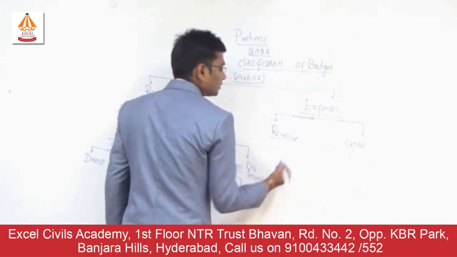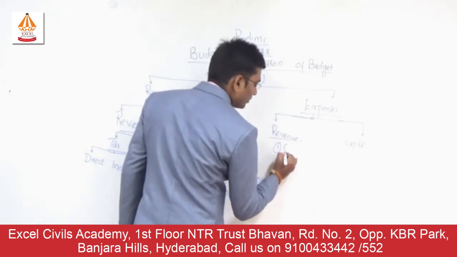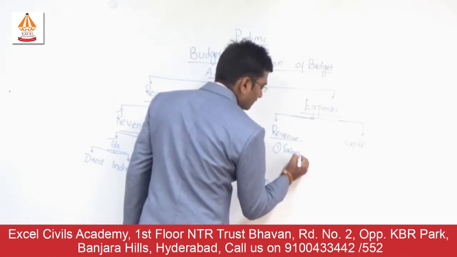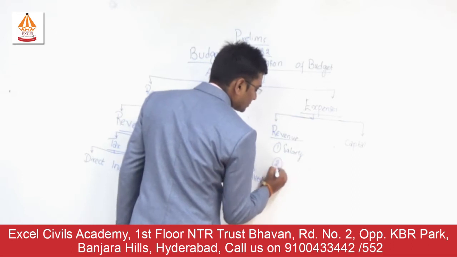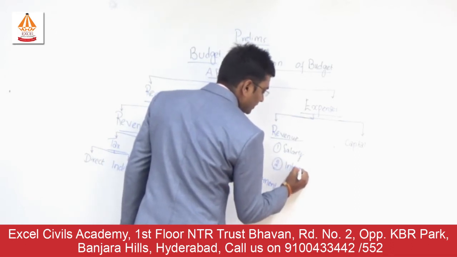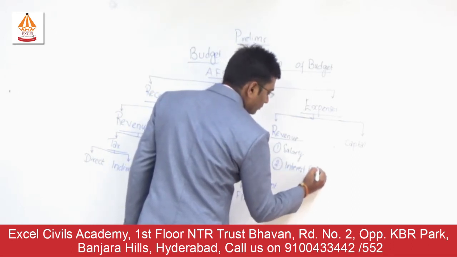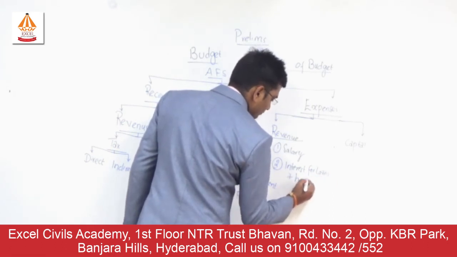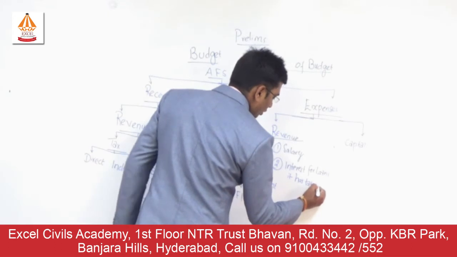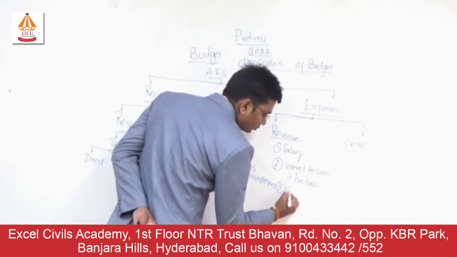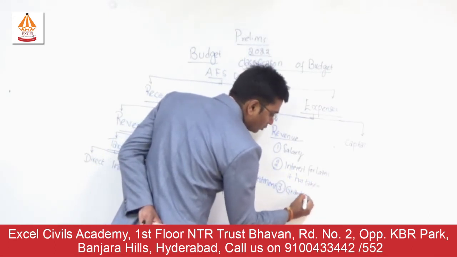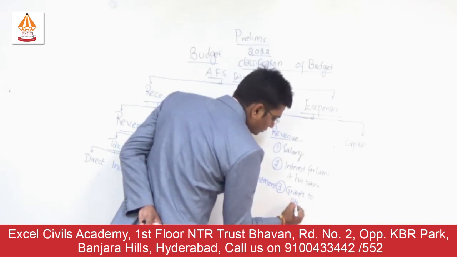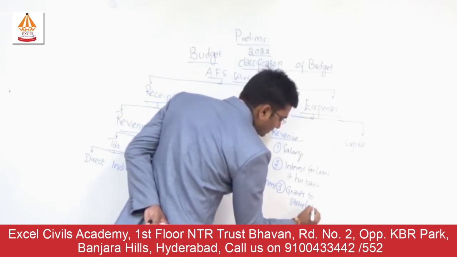Revenue expenses include the salaries that the government of India is going to pay, or the interest on the loans it has taken, or the grants that it gives to states of India or to other countries.